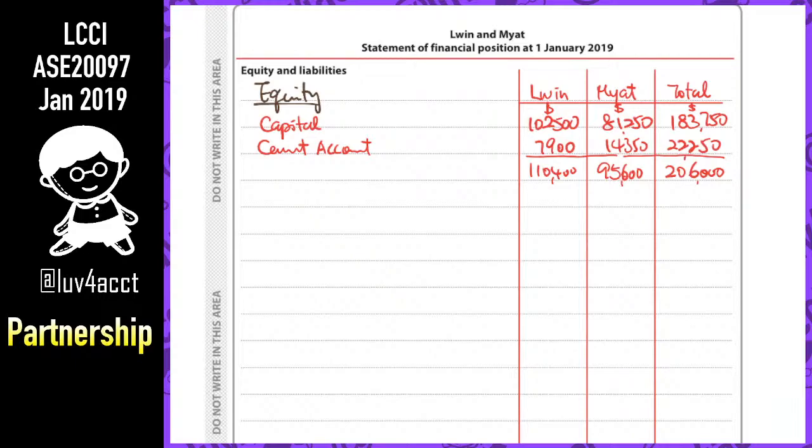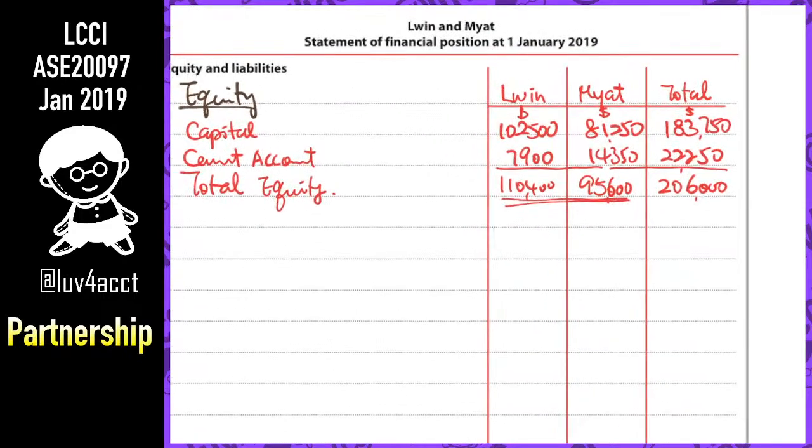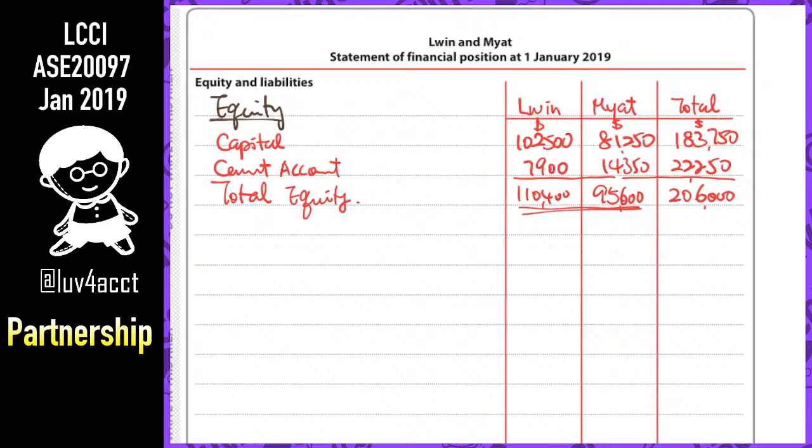So total equity. You can see in this way we can see the total capital and the total current account balances. Not just from the two, we can see the total capital, total current account, as well as the total capital and current account of each partner.